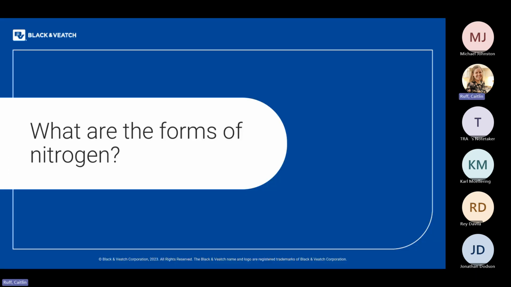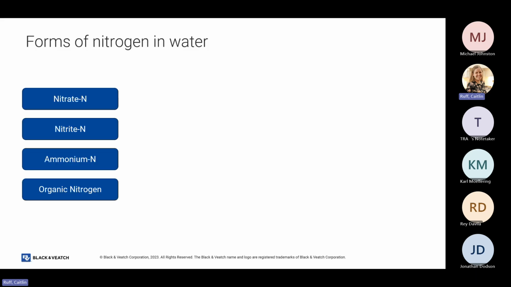So we're going to start off with, what are the forms of nitrogen that we're going to see? Today, we'll talk about nitrite, nitrate, ammonium, and organic nitrogen. These are the typical forms you'll see. Ammonium is coming from urea or urine, which is coming from us.